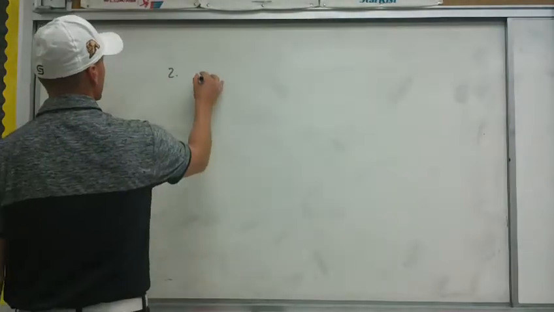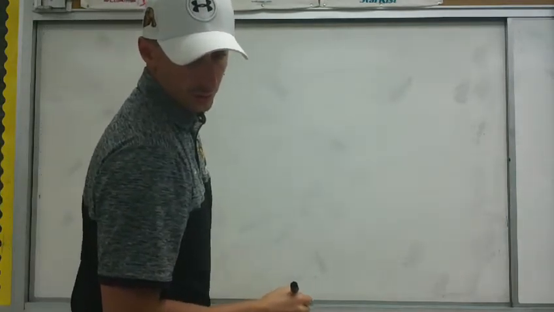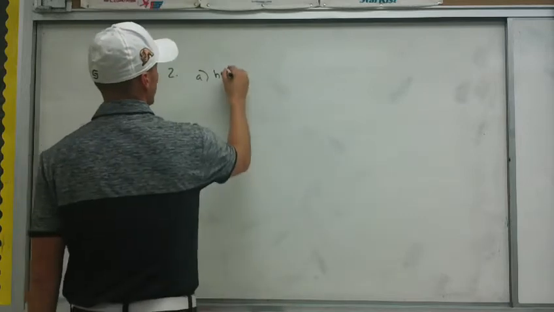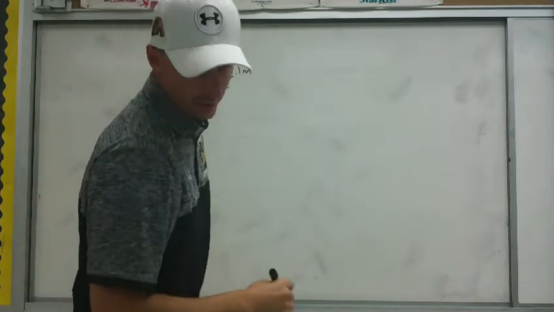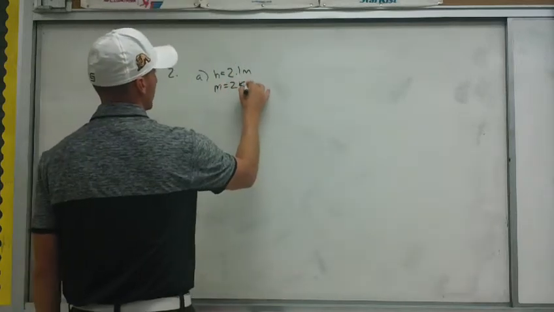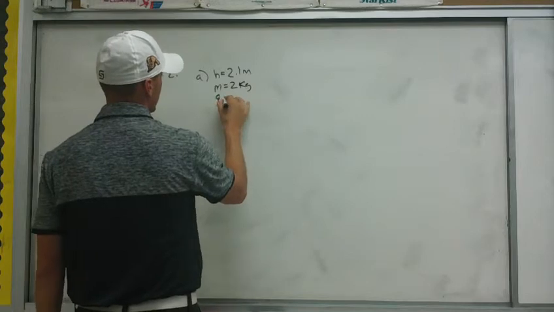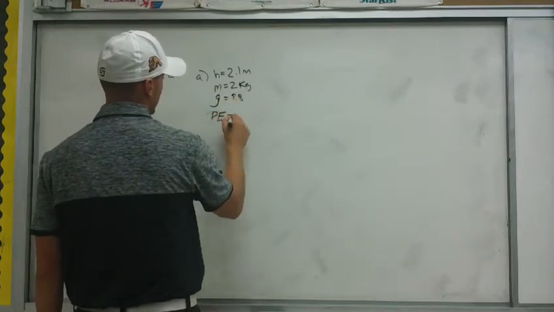So for A, the height is 2.1. The mass of the book is 2. Gravity is 9.8. Find PE.